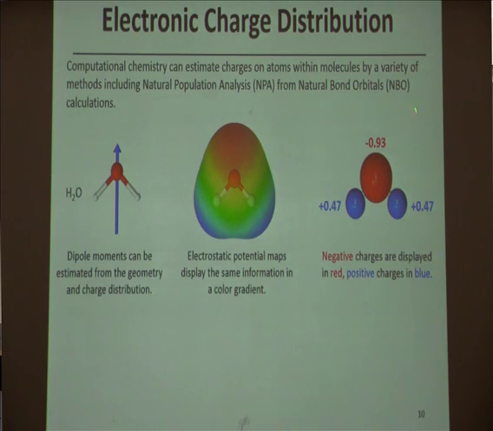WebMO will display all the negative charges in red and all the positive charges in blue. It puts the charge in tiny little white letters and numbers right on the red and blue spheres. The size of those spheres is related to the magnitude of the charge. I've rewritten them there so they're actually visible, but we have a large negative charge on the oxygen, almost a full electron's worth of charge. We have a smaller positive charge on each of the hydrogen atoms, half that size.